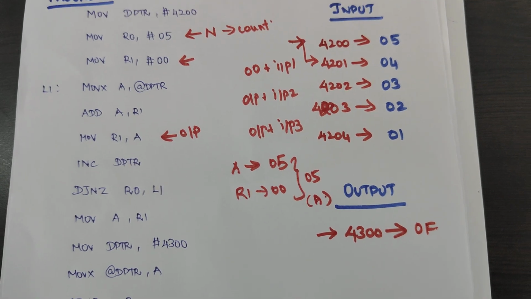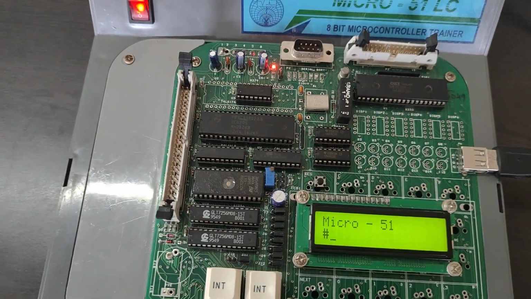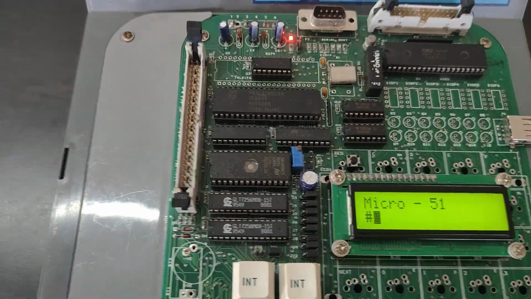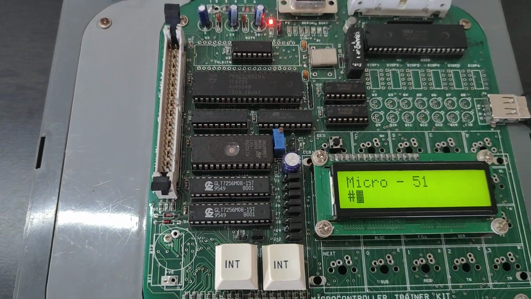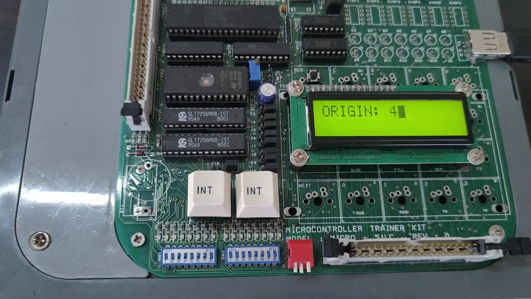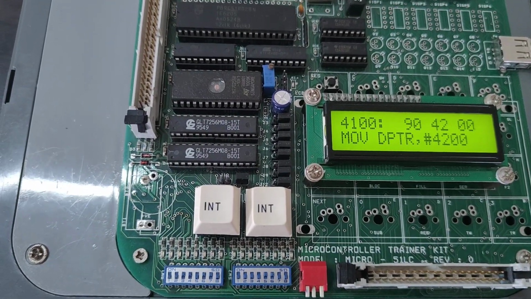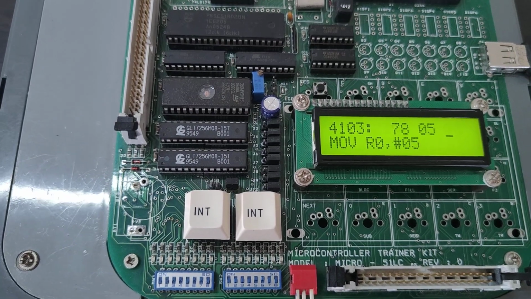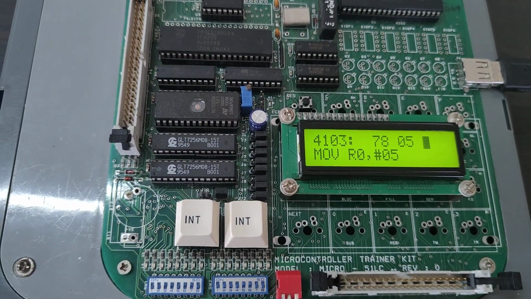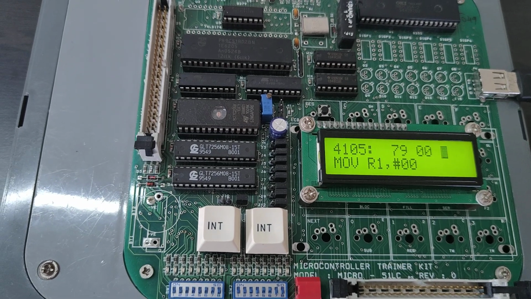So we will execute the same program using the 8051 microcontroller. This is the 8051 microcontroller. I have already loaded the program. I will show you. You enter 4100. So move DPTR, 4200, move R0, 5. This is going to hold the number of data loaded in the array. Initially R1 is loaded with 0.